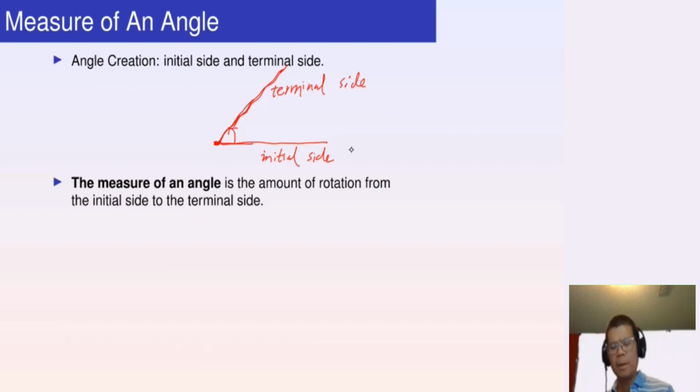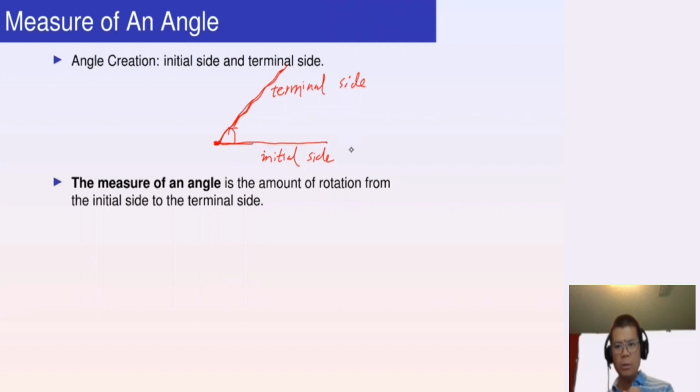By this angle creation, sometimes you can have a small angle, where the rotation is pretty small, but sometimes you can rotate a large amount, a large rotation, which results in a large angle.